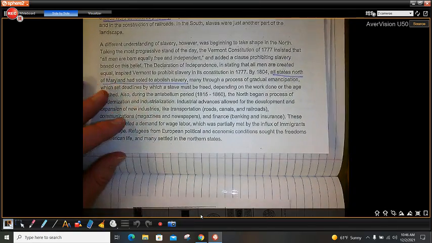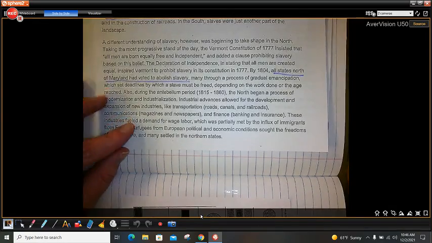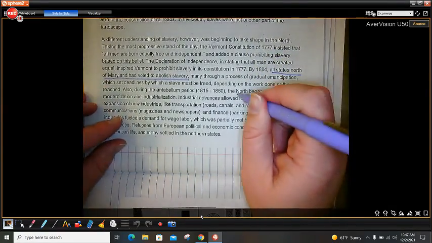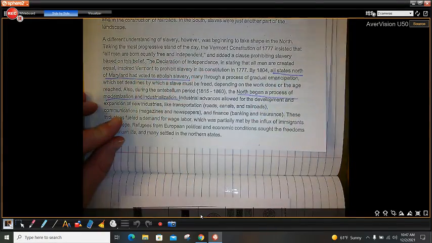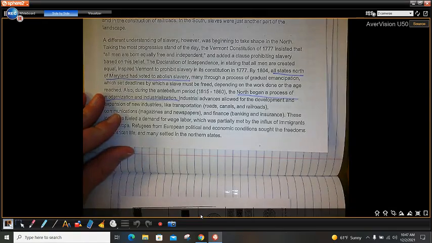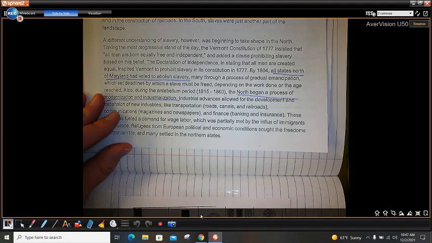Slavery is seen as not great from the North standpoint. And then the North began a process of modernization and industrialization. So since they don't need slaves, they start to vote against it.